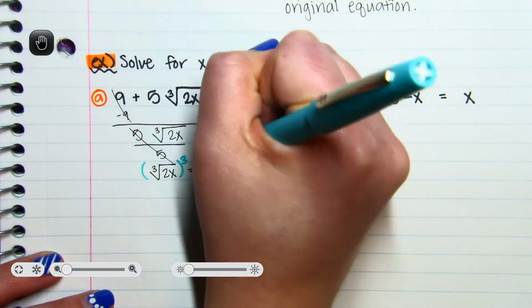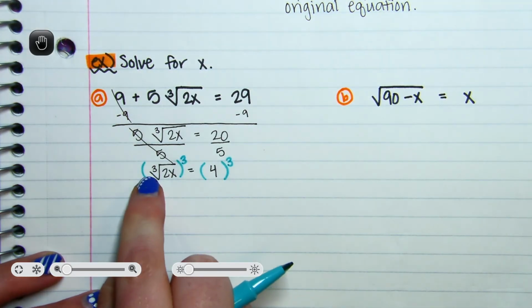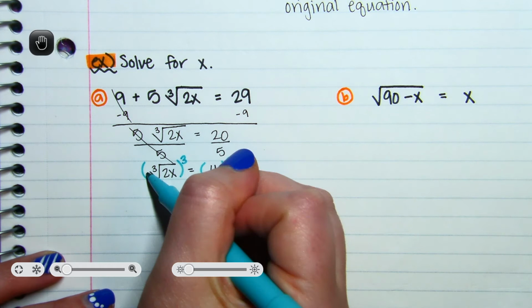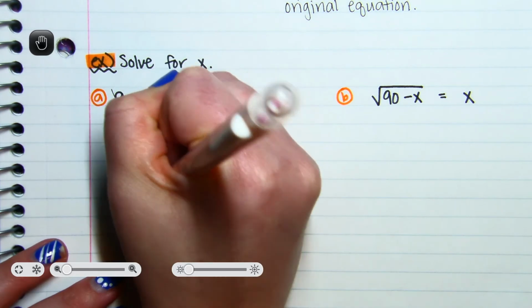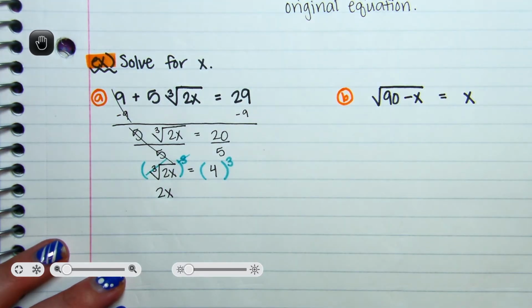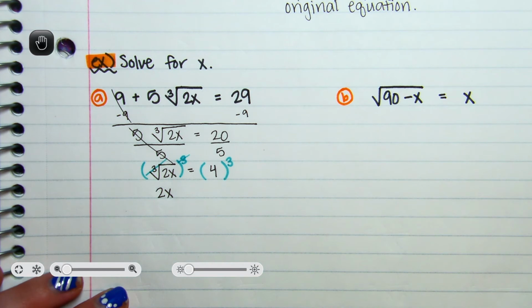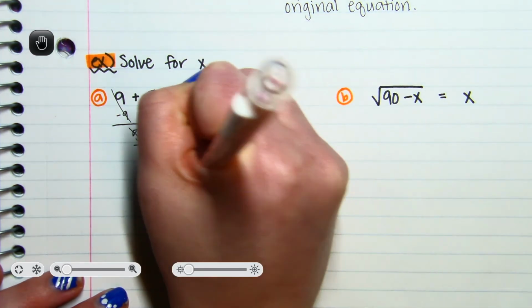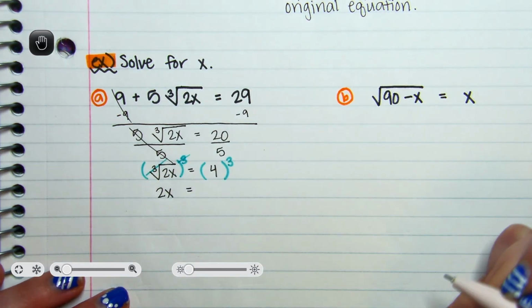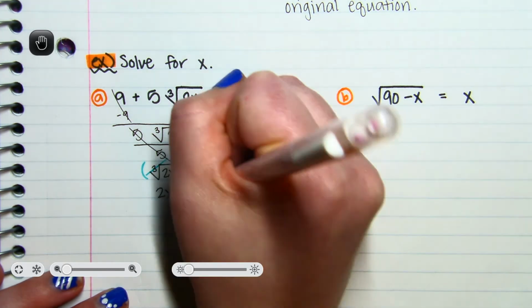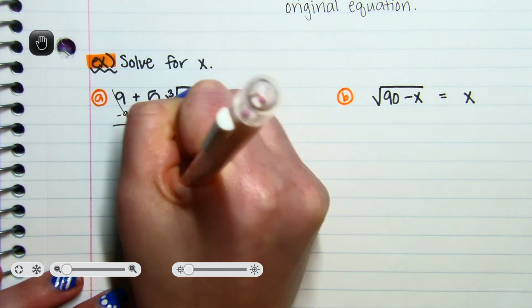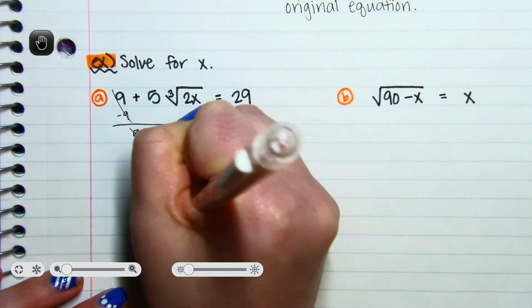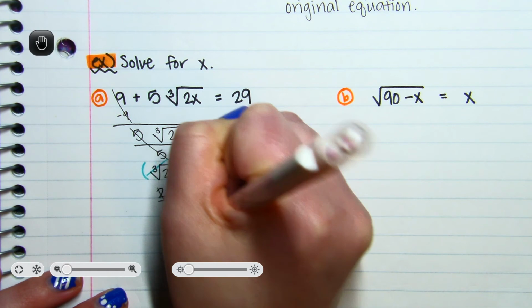So when I raise the cube root to the third power, what that does is it cancels out the radical and then gives us just 2x. So that's the goal. That is why we raise it to the power of the index. Equals, now 4 cubed is 4 times 4 times 4, which is 64. So my final step is to divide both sides by 2, and we get x equals 32.